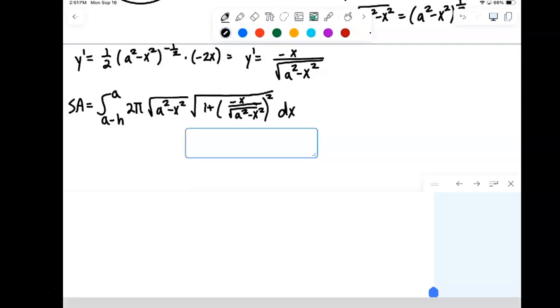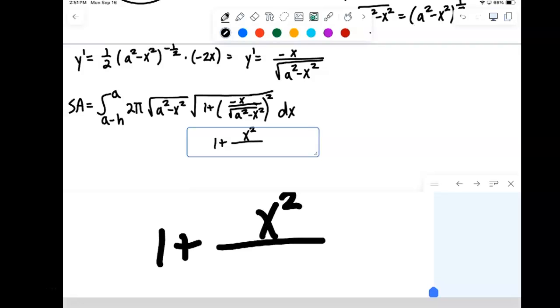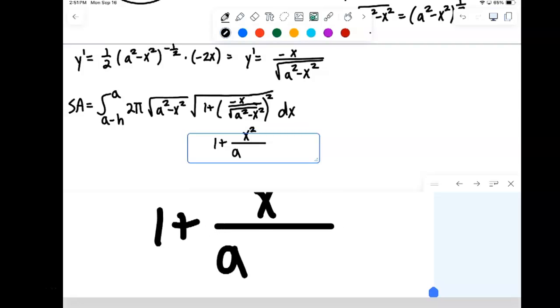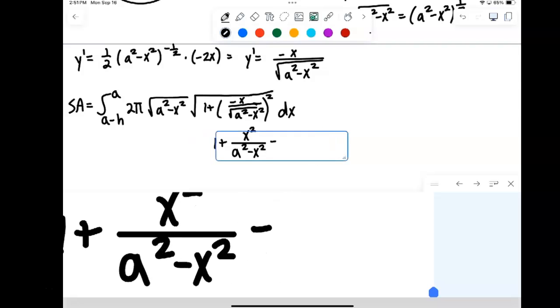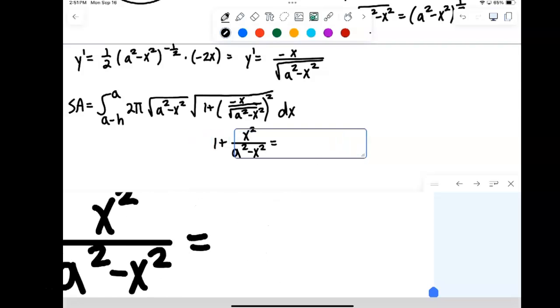Well, first of all, we're squaring it, so the negative will go away, and that'll just become x squared. In the bottom, we'll just have the square root squared, so that'll just be a squared minus x squared. So we would need a common denominator over that a squared minus x squared.